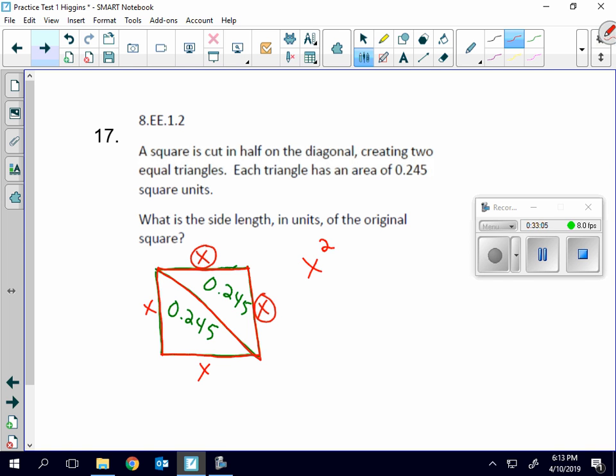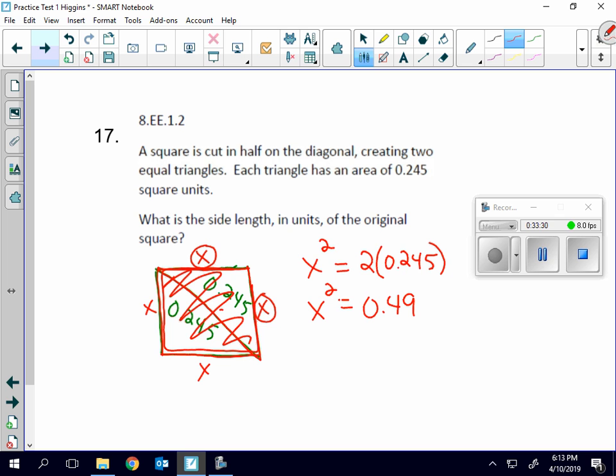And what is the area of everything inside? It's the two triangles added together, which is going to be equal to 2 of the 0.245s. It's everything in here added together. So 2 times 0.245 gives me 0.49. Ooh, that looks interesting. How do I solve for one side?